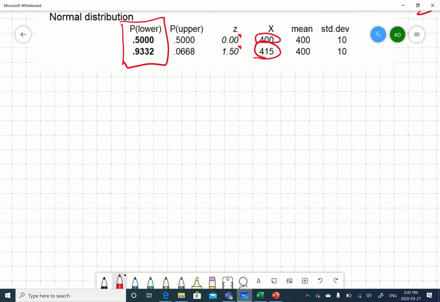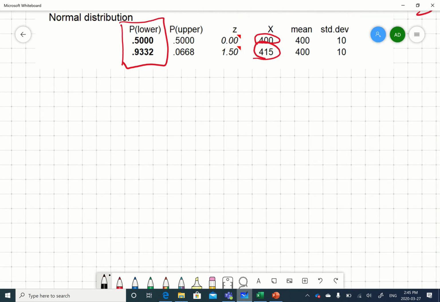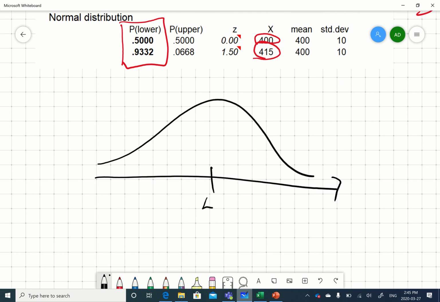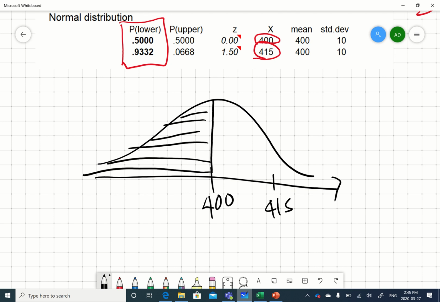So what happens is this. Under the normal distribution, here's 400 and here's 415. So this lower reading means, for example, for 400, lower reading means the complete area all the way to the end. Complete area to the left of 400, which happens to be 0.5.